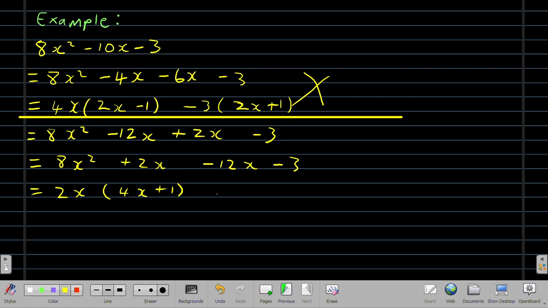And on this side, I'm going to take out a common factor of minus 3, and I'm going to be left with 4x plus 1. And in this case, these are completely identical, so we can take out this common factor right here, 4x plus 1, and then you're going to be left with 2x minus 3.